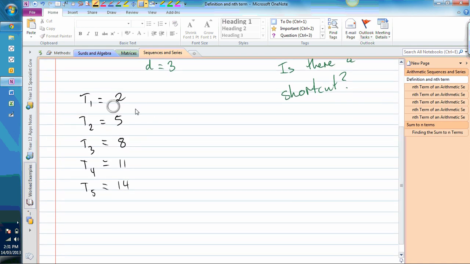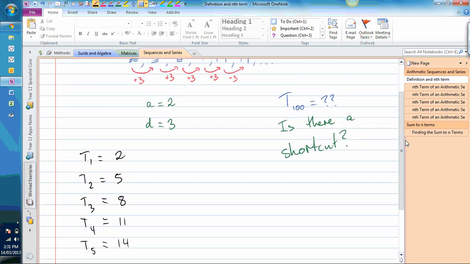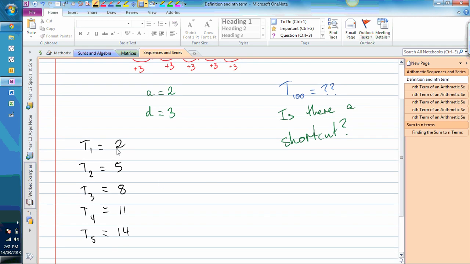And we're going to look at our patterns of how we got these. What I'm actually going to do is break them down into how we calculated them. So T1, that was just 2, that's where we're starting. T2, I got that number 5 by taking my original term and adding 3 to it, which was my common difference.